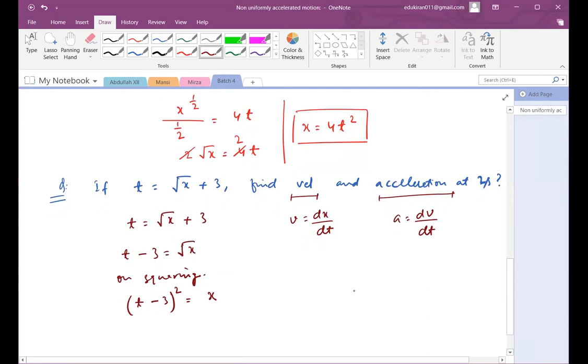Now, expand this expression on the basis of a minus b whole square, so it will be a square minus 2ab plus b square. You will get x is equal to t square minus 6t plus 9. Now apply these two rules to get velocity and acceleration.